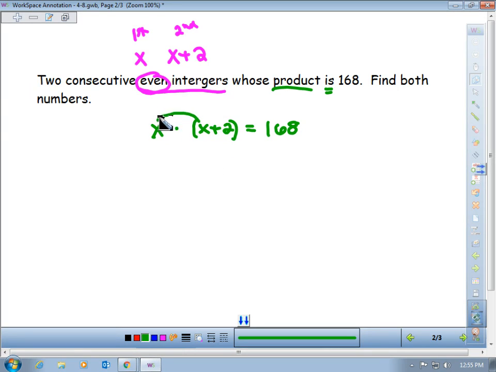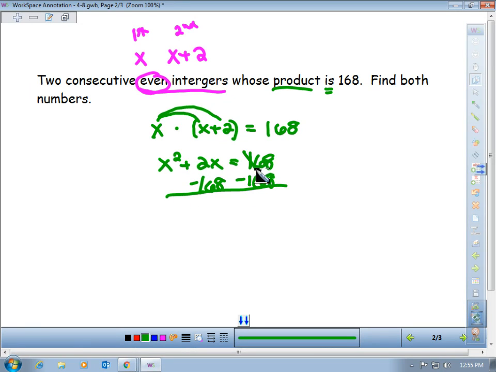Well, we're going to have to do the distributive property here. So it's x squared plus 2x equals 168. And then we've got to get it set equal to 0. So x squared plus 2x minus 168 equals 0.